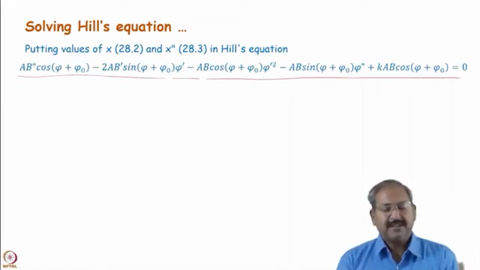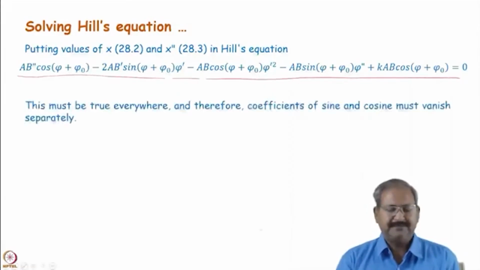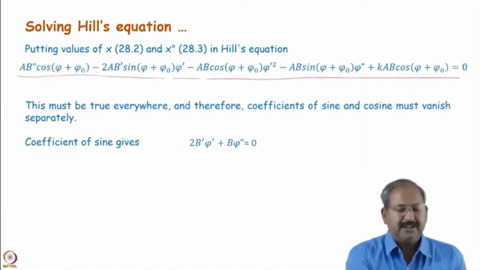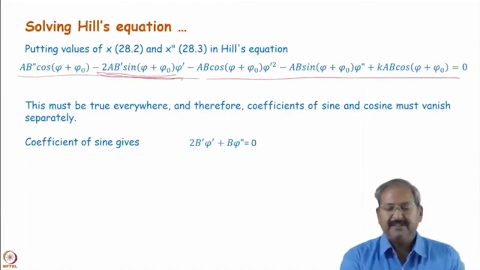So the cosine and sine coefficients should separately be 0 to satisfy this equation. So let us do that. Here we collect the terms with sine. This is the first term with sine, and this is the second term with sine.